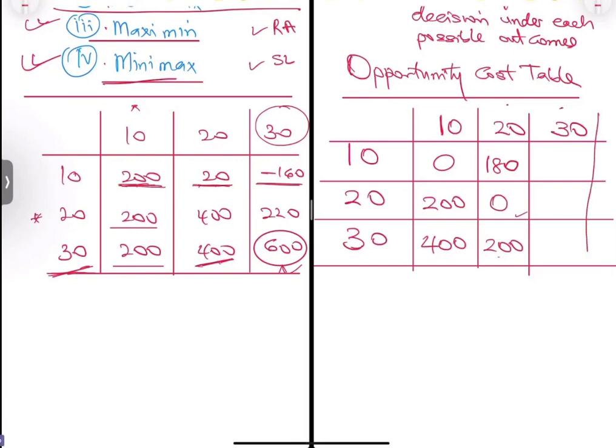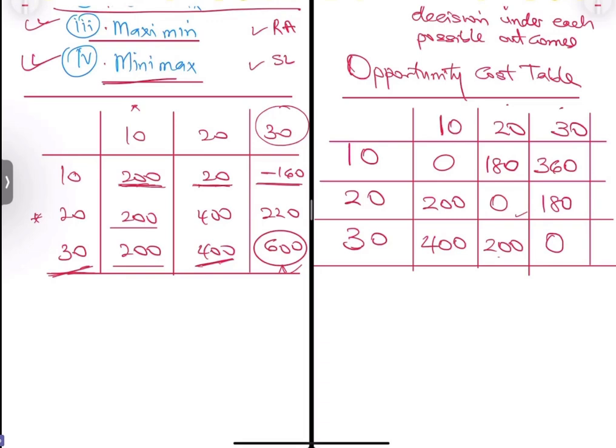For 30, what are the regrets? 360. Then 180, then 0.